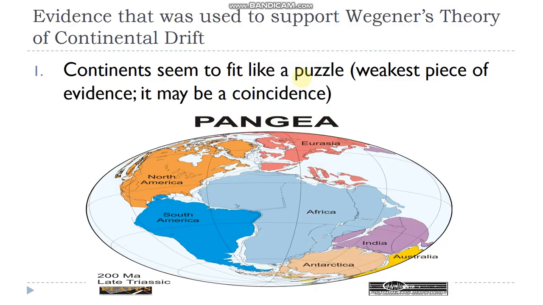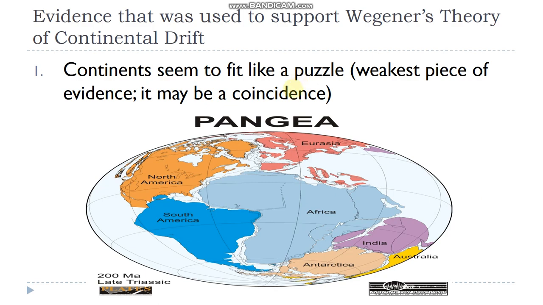Now, no one in the scientific community believed him at first, mainly because he couldn't prove anything. He had this thought, and it was probably all coincidence. So he came up with a few pieces of evidence that started to propel his theory amongst the scientific community. I mean, it didn't help that he was a meteorologist telling geologists about their profession.